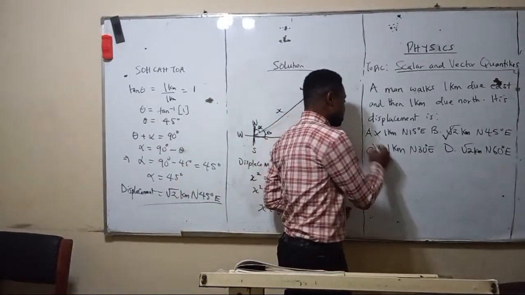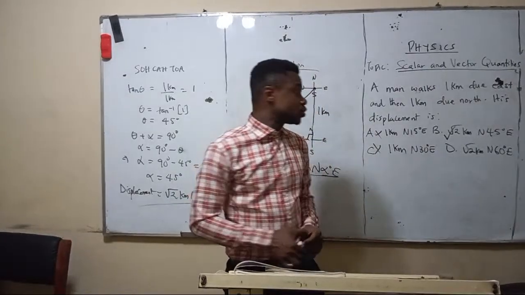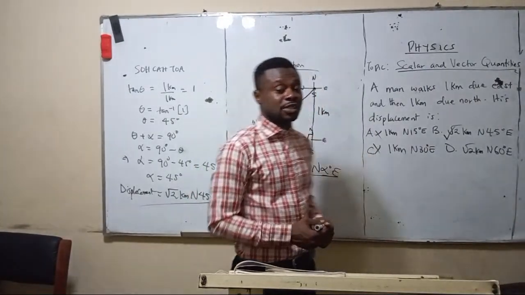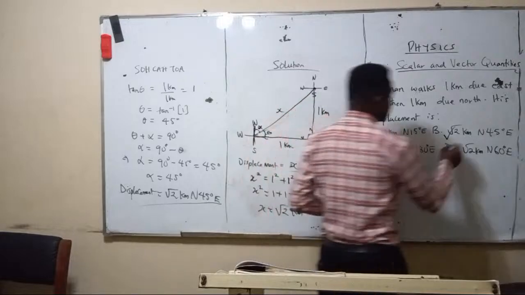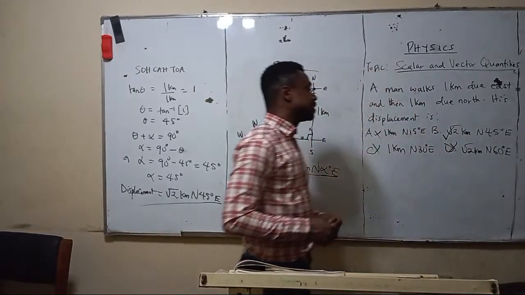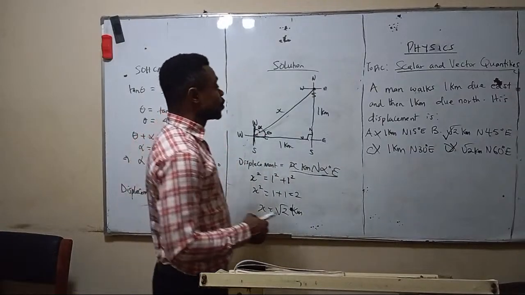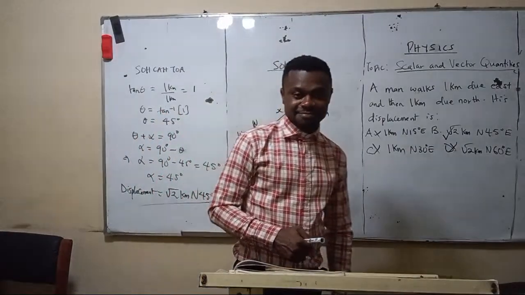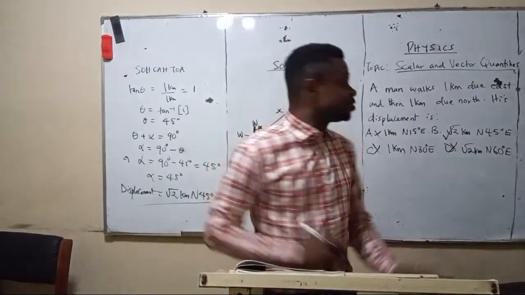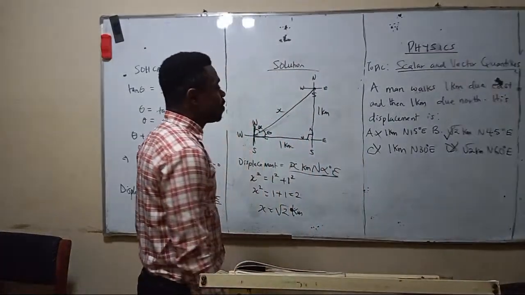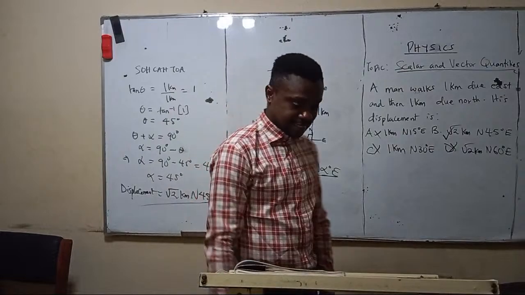I will not take this. D says root 2 kilometer north, 60 degrees east. I will not take this. The correct answer is B, which is root 2 kilometer north, 45 degrees east.